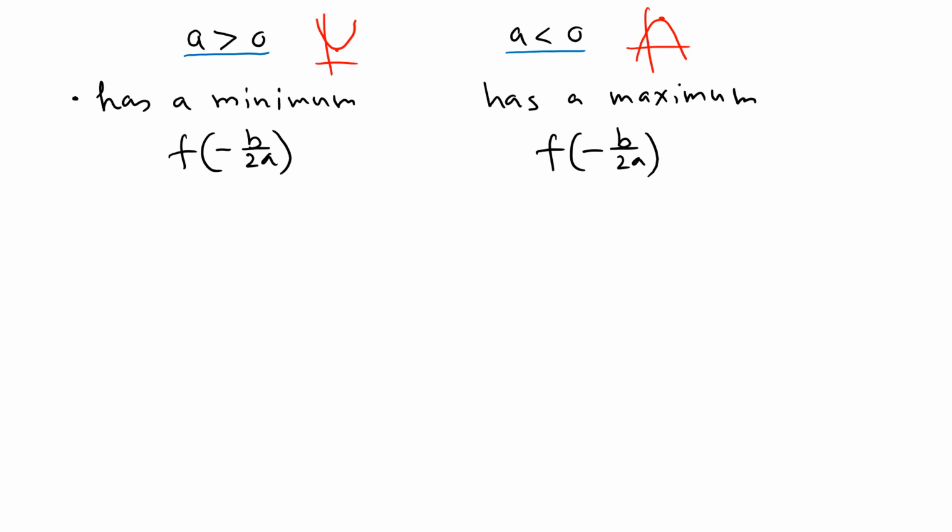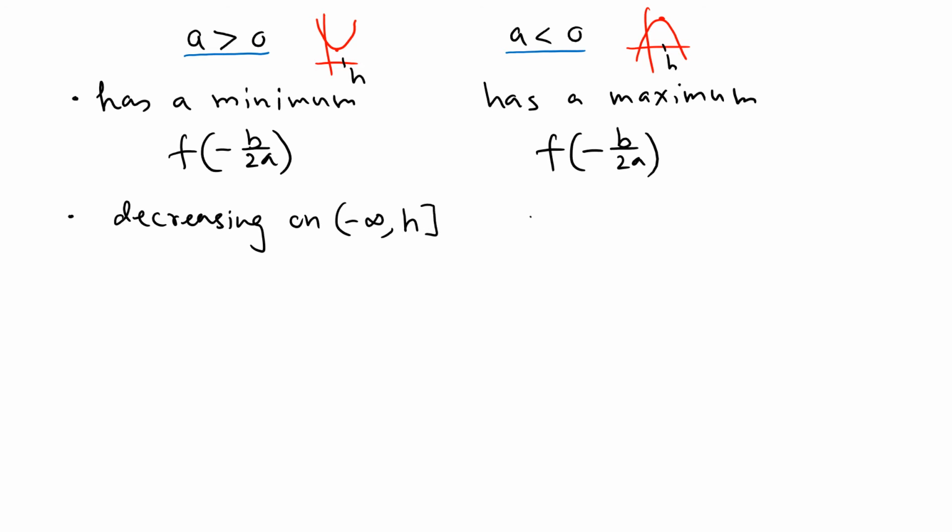Okay, and then we have increasing and decreasing. In this case, it's decreasing on the interval from negative infinity all the way up to the h coordinate, the h value. So that's where it's going to decrease.